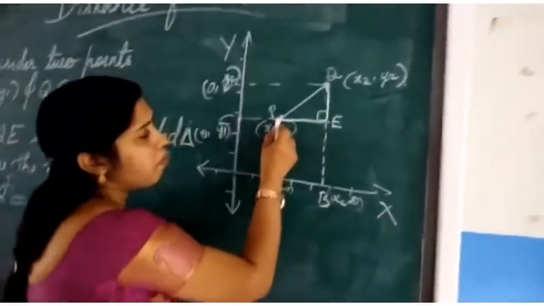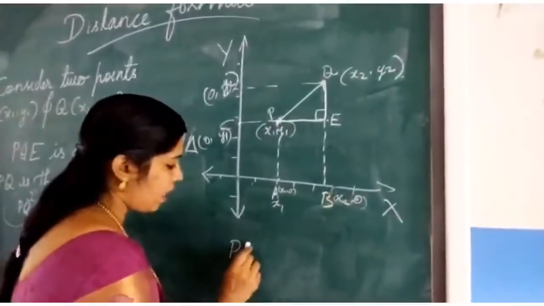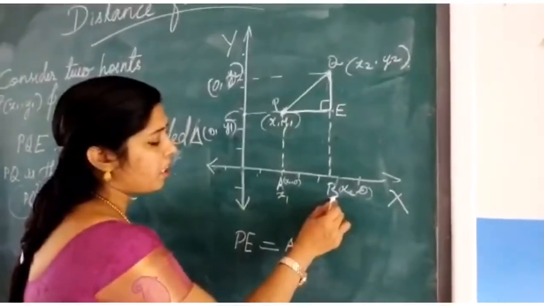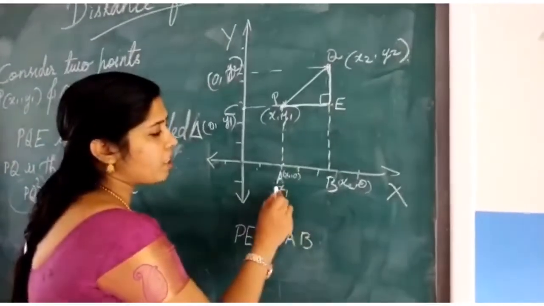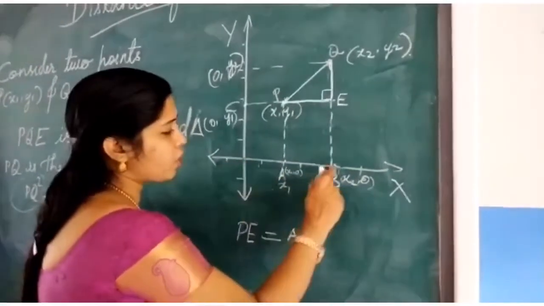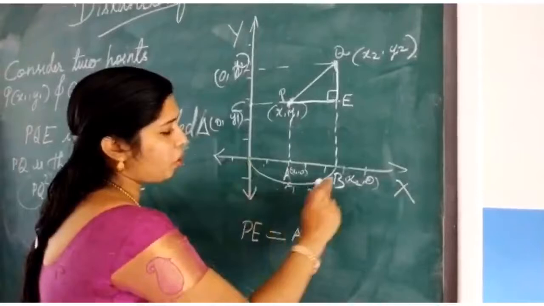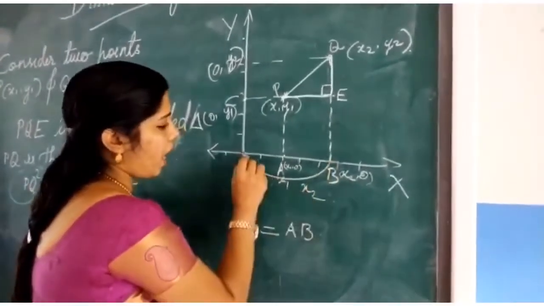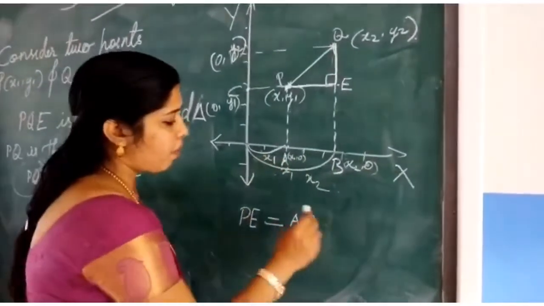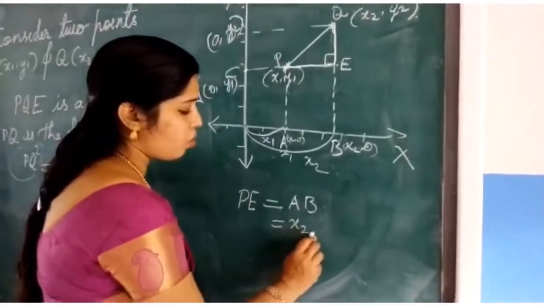You can see that PE is the same as AB. What is AB? It is on the x-axis, and up to B the distance is x2. From 0 to B it is x2, and from 0 to A it is x1. Then AB is equal to x2 minus x1.